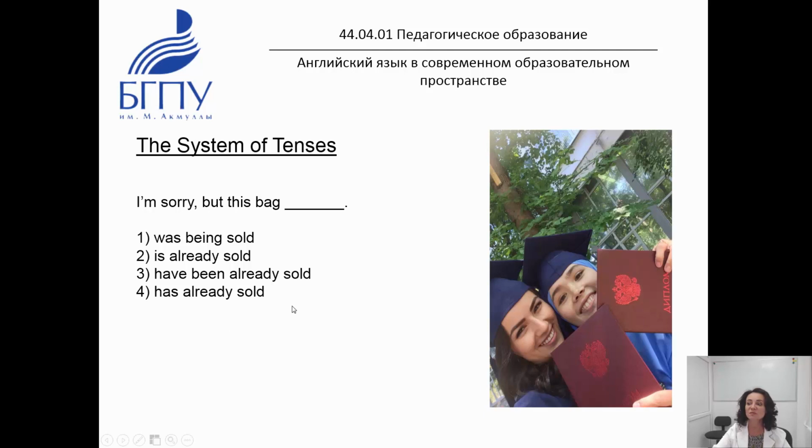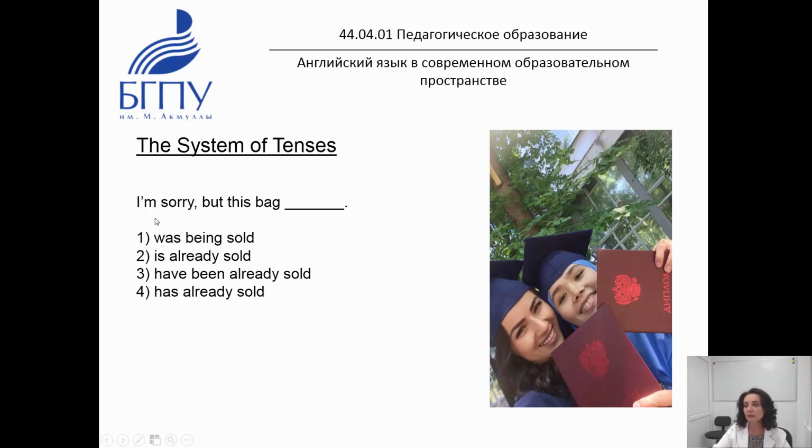And number four corresponds to perfect tense but already in the active. Again, we shall turn to the sentence itself. Sorry, but this bag, and with that bag is done something. This bag experiences some action from somebody else, and it means that it requires the passive voice. Out of the four options, we can see that only 1, 2, 3 are the examples of the passive voice. That's why number 4 is wrong by all means.